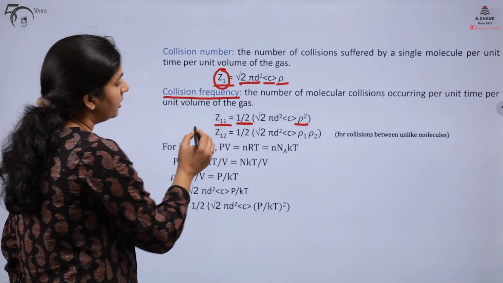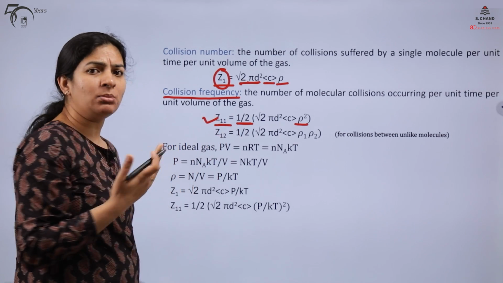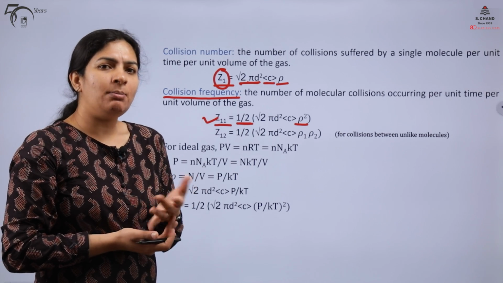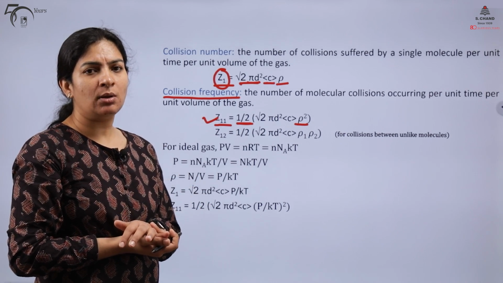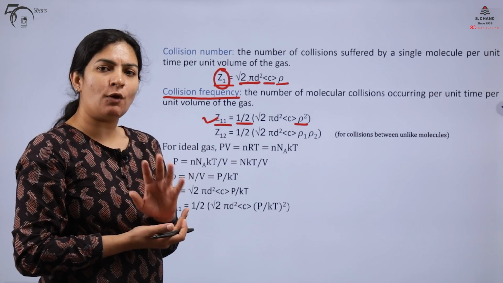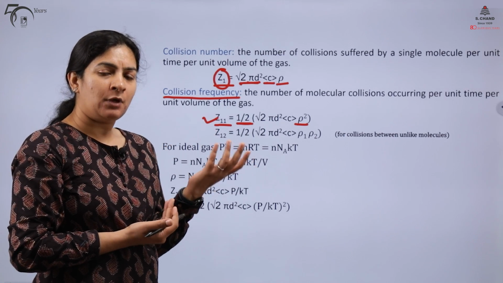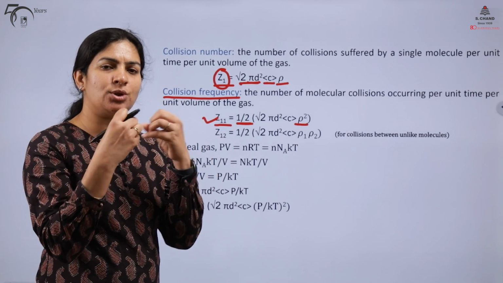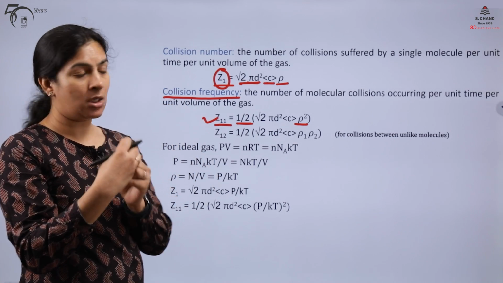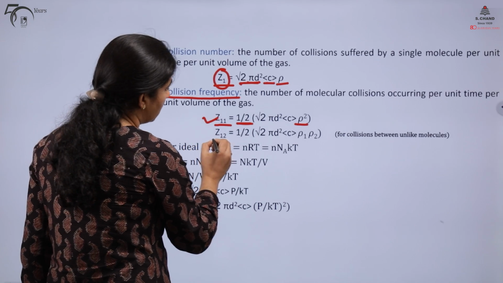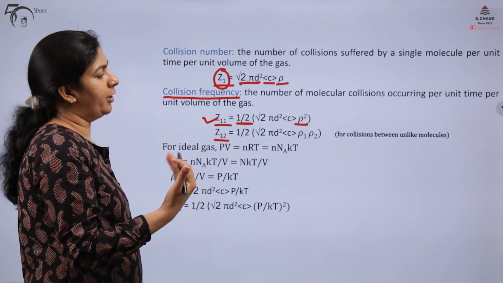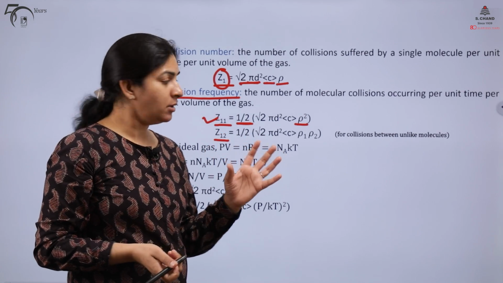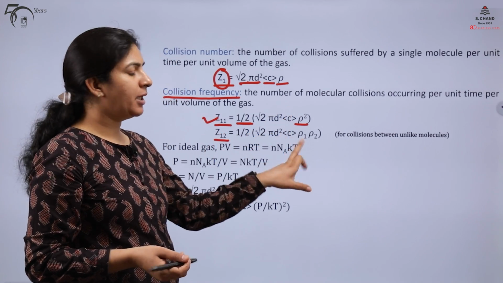After that, this is for the case where we assume that all molecules are the same, but it is not always the same. We may have a mixture of gases also. Let us say, consider the formation of water molecules. You may have H2, you may have O2 also. So, collisions between hydrogen and oxygen molecules will take place. So, considering the collisions between different, unlike molecules, we may define different number densities.